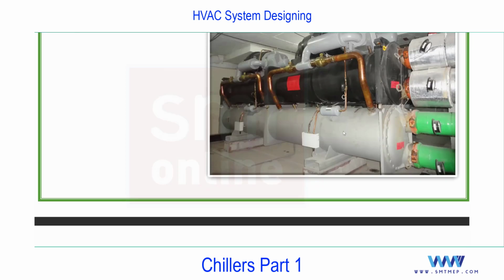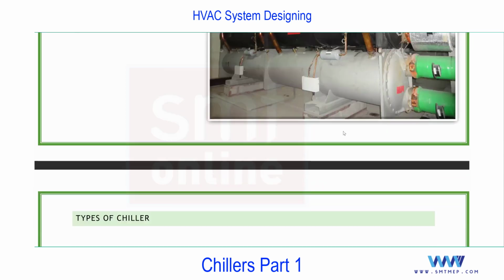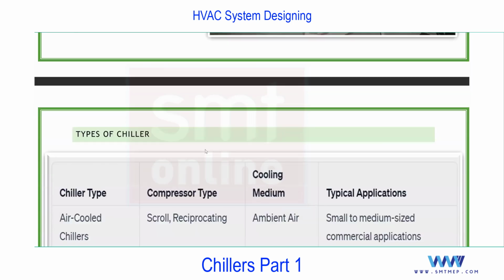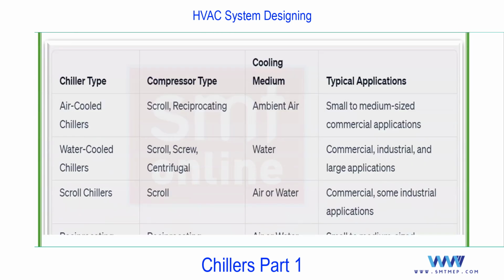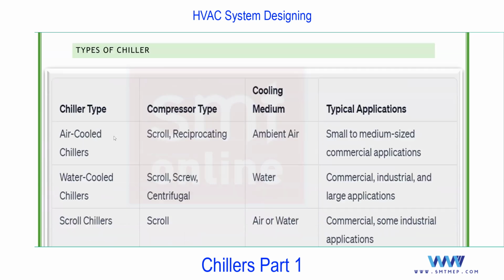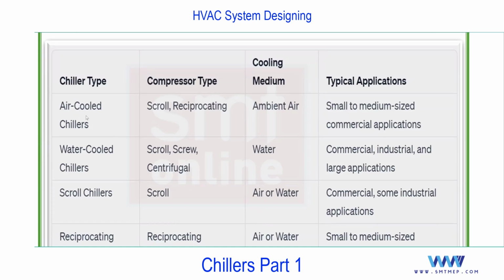So first, let me proceed with the types of compressor. Because you see, in the type of chiller, you'll find the chiller is classified based on the compressor also. Okay, so let me just read this at this level. If we talk about the types of compressor, sorry, my mistake, type of chiller. First, what we discussed just now, air-cooled chiller.